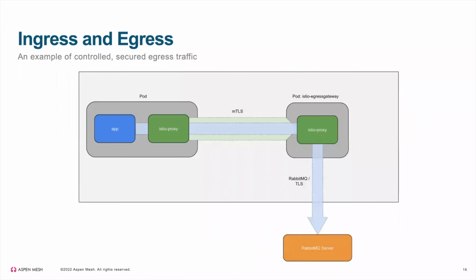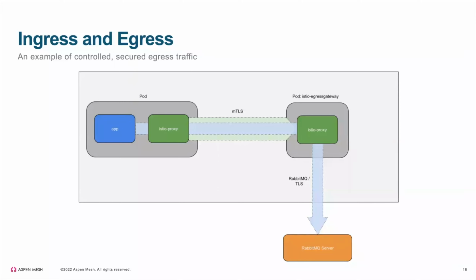To give you an example of what that might look like, this is a project I was working on before. We have an application, the blue box here, that makes a call to a virtual machine outside of the mesh running RabbitMQ. And that call needs to be encrypted over TLS.